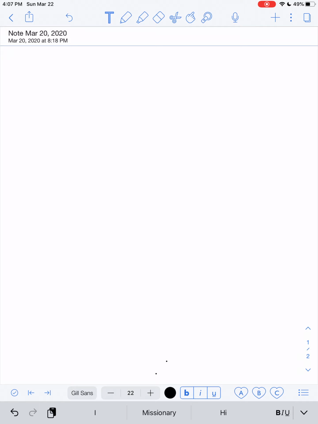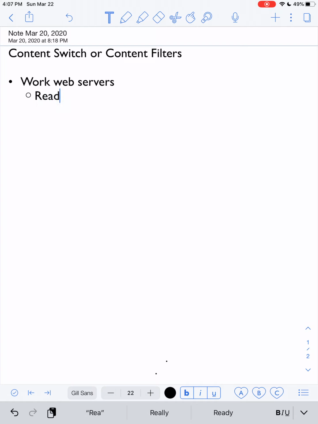All right, the next type of switch we're going to talk about is a content switch or content filters. Now, these specifically work with web servers. We basically read incoming HTML requests, and from here they can issue SSL or TLS certificates.